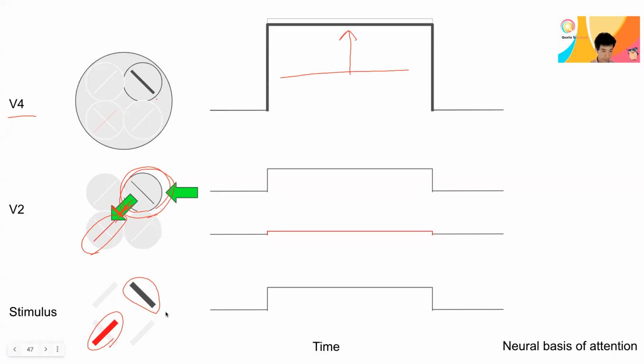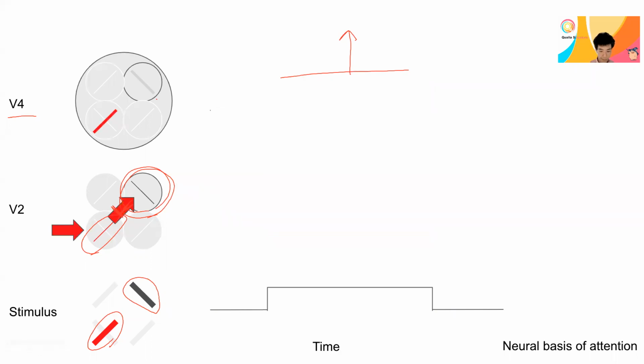On the other hand, if there is attention that selects this unwanted stimulus for this particular V2 neuron, then this one can also suppress this really good stimulus response within the level of V2, right? Then it gets a situation like this.